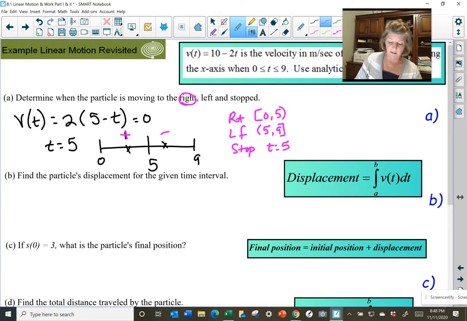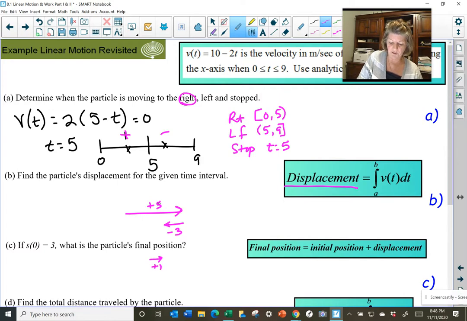Find the particle's displacement for a given time interval. Our time interval was between 0 and 9. Remember, displacement is the actual net distance moved. So it takes into account if I had gone 5 to the right, 3 back left, followed by maybe 1 to the right.